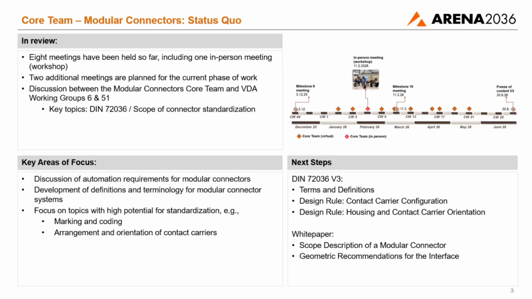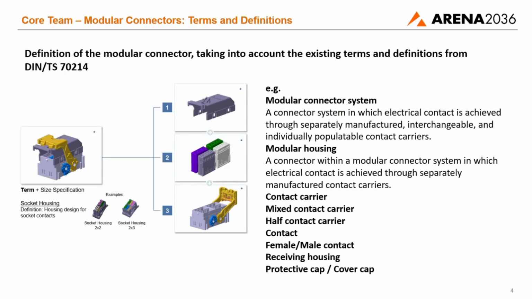I take a small part out of the definition so that you can see some targets, some definitions: what is a modular connector system, the modular housing, the contact carrier, which we are seeing in this area.